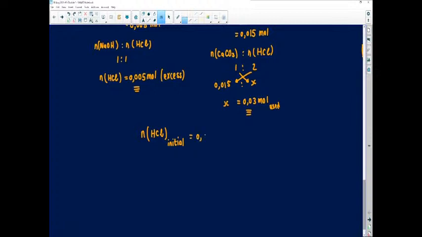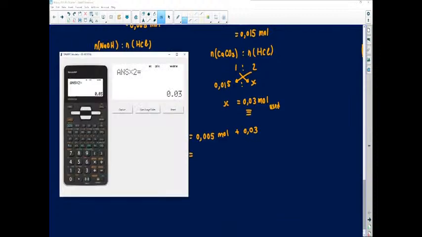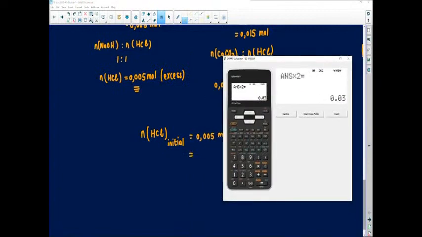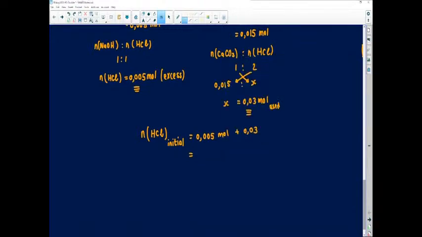I'm going to say 0,005 moles plus 0,03. Let's find my total. Okay, I already have 0.03 there. I must just add 0,005. And then I get 0,035, 0,0035 moles. So those are the initial moles.